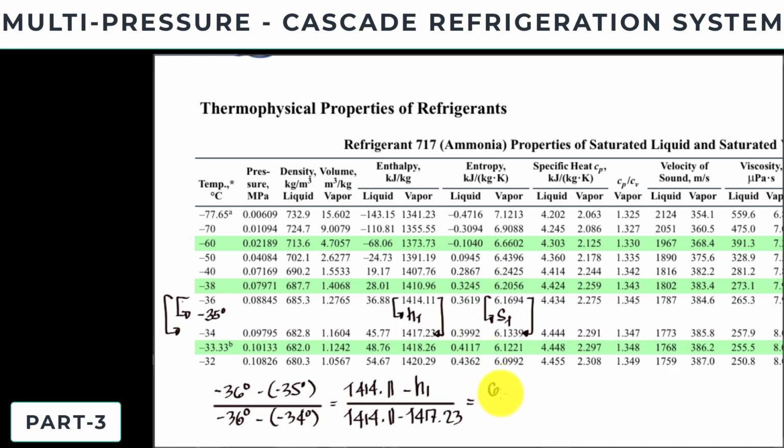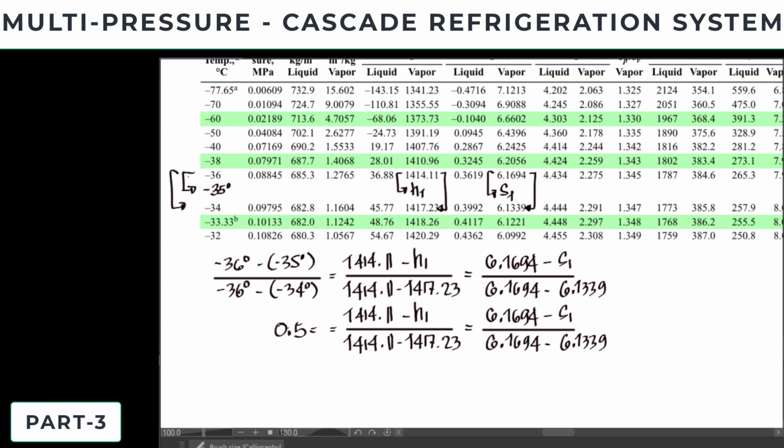So that will be 6.1694 minus my entropy S in between, over, at the bottom, 6.1694 minus 6.1339. Okay, computing this value, we have 0.5.